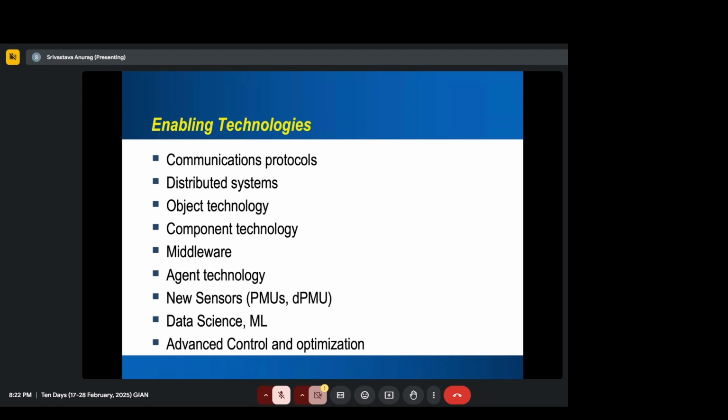The other thing is agent technology, a computing technology. And then we have a lot of new sensors, which we already talked a little bit about, PMUs. And then we have data science and machine learning solutions, which can be applied to control and optimization.